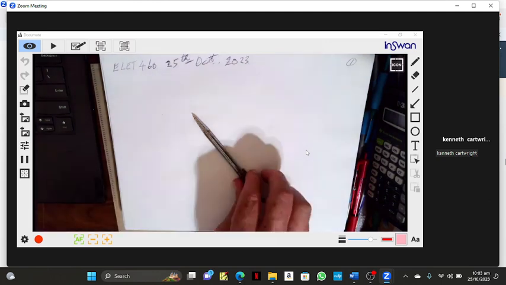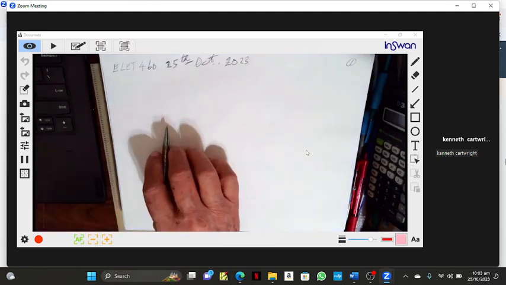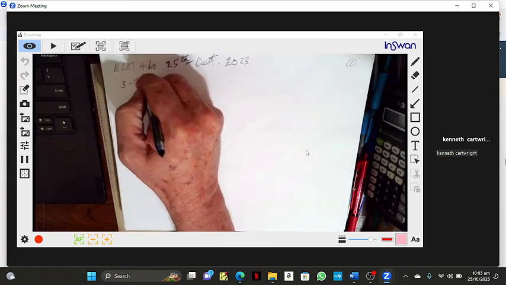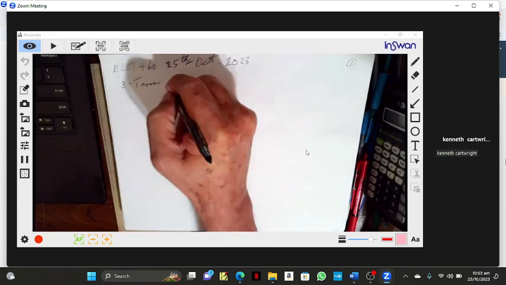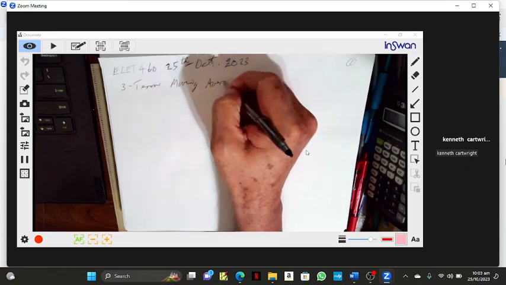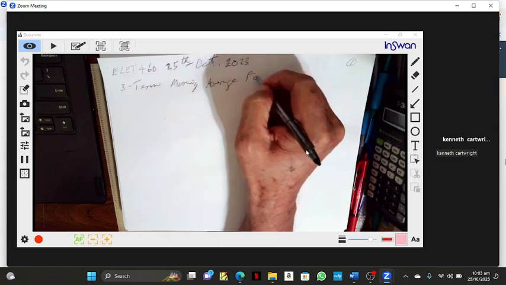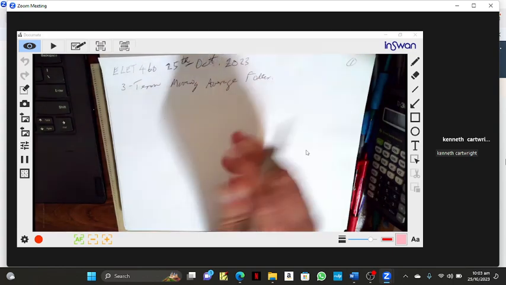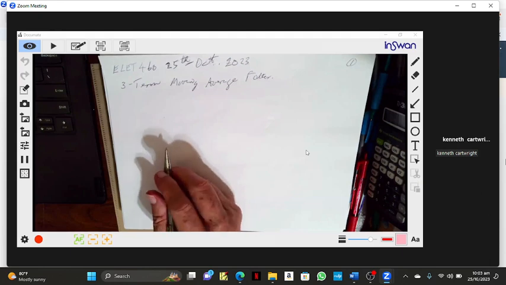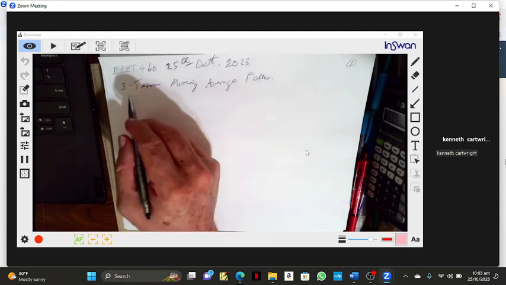So let's just look at a three-term moving average filter. I'm going to increase this to 5-term in a minute. So 3 terms. What's the difference equation for such a thing?